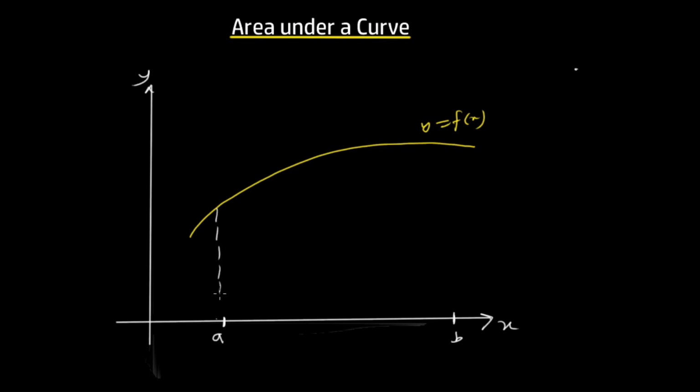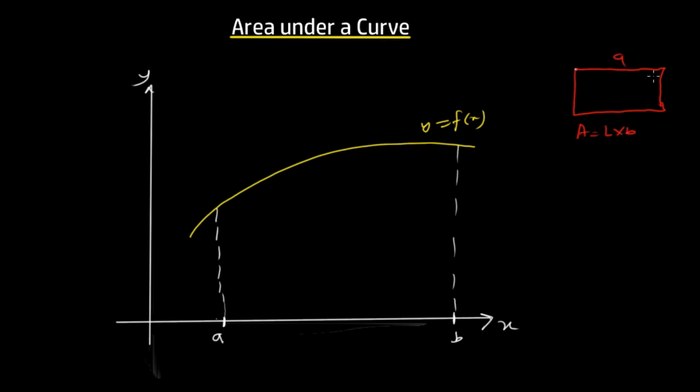We should find the area bounded by the curve, point A and point B. So basically, what we are trying to do is to find the area bounded by this shape, the curve, point A and the x-axis. Recall that in mathematics, if you have a definite shape, for example a rectangle, the area of a rectangle is equal to the length multiplied by the breadth.